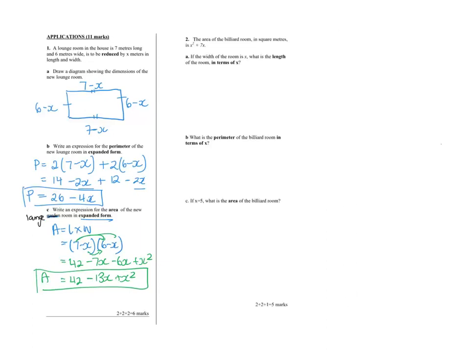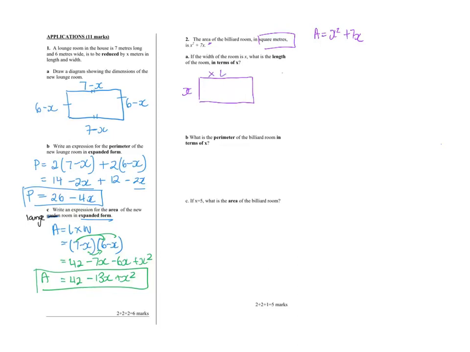Okay, so the area of a billiards room in square meters is x squared plus 7x. So square meters, just because we measure area in square meters. So we could say the area equals x squared plus 7x. If the width of the room is x, what is the length of the room in terms of x? So you did x and you would have times it by the length to get the area.